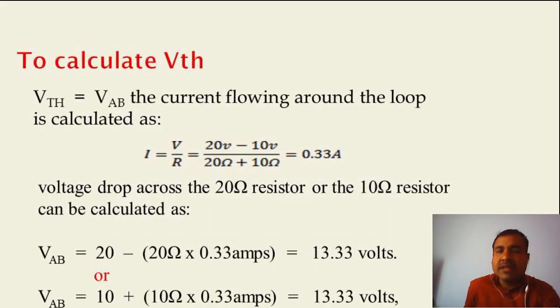So VAB is equal to 10 plus 10 into 0.33 amps, which is again 13.33 volts. That is the Thevenin's voltage.